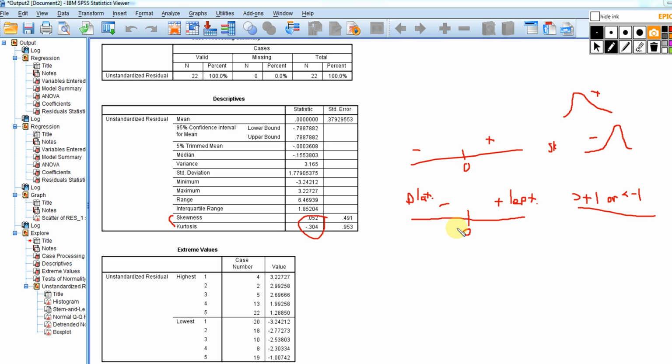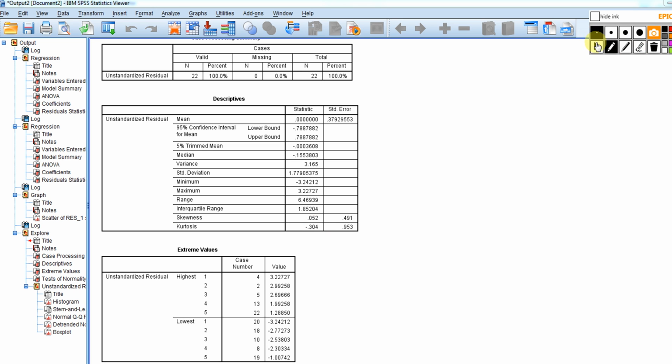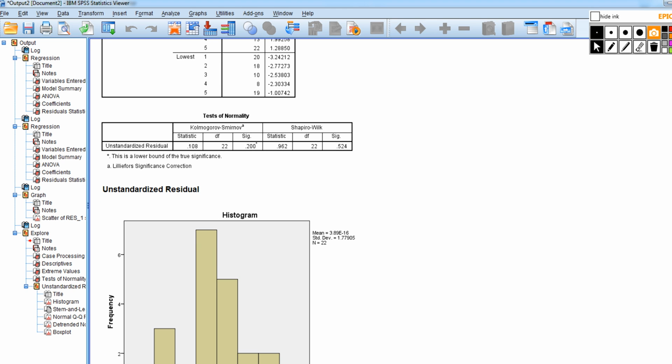So when we scroll down a little bit more, you can see you also have tests of normality. You've got the Shapiro-Wilk and the Kolmogorov-Smirnov tests. And so these are the p-values associated with those tests right here. These are tests of departures from normality.